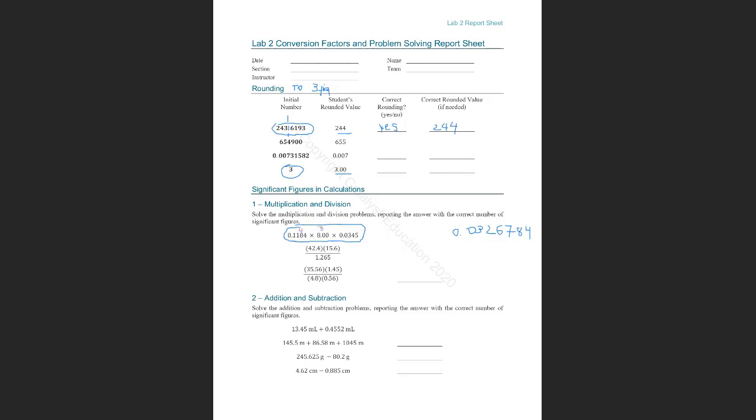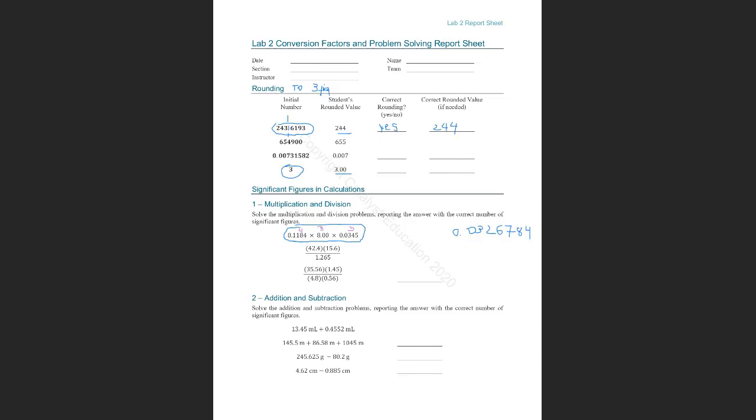Perfect. How many sig figs has the last number? 3. It says 4, we don't count this. Yes, awesome. So 3. So our answer has to have how many sig figs? 3. Very good.